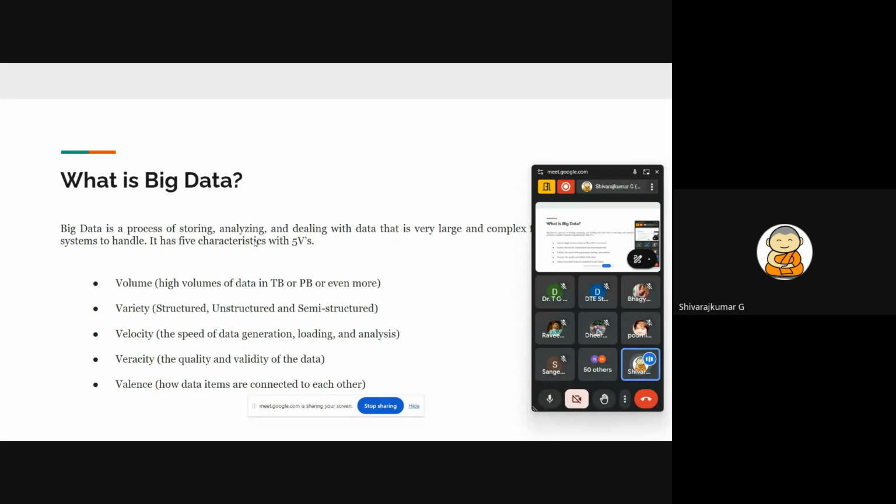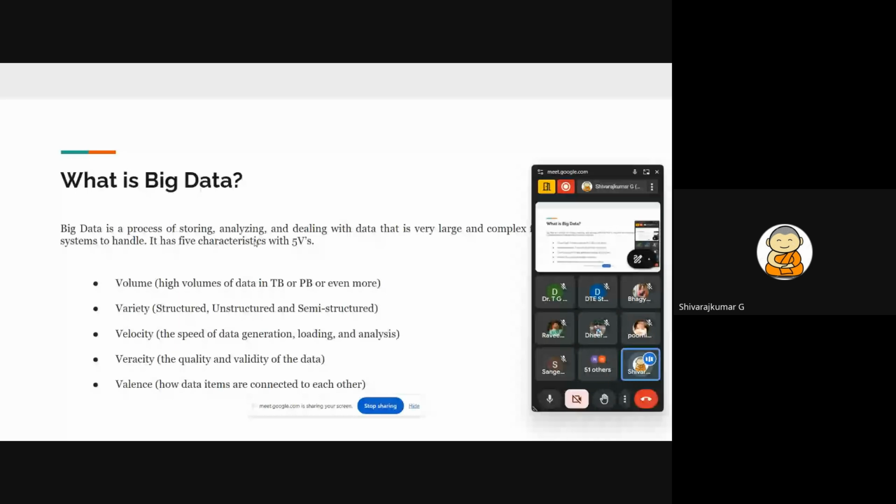But nowadays even a small mobile phone has 128 GB of memory, and in some cases that is not sufficient, and people are going with 256 GB. So the usage and the generation of data is increasing day by day. And when the data is increasing, if we know how to play with it, then we can solve many problems.